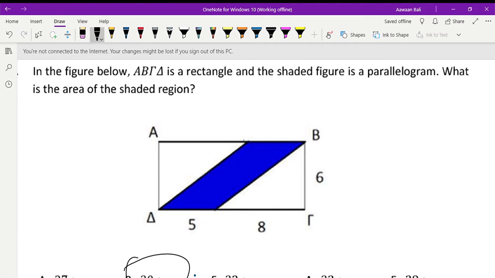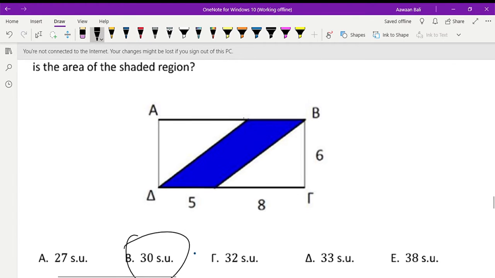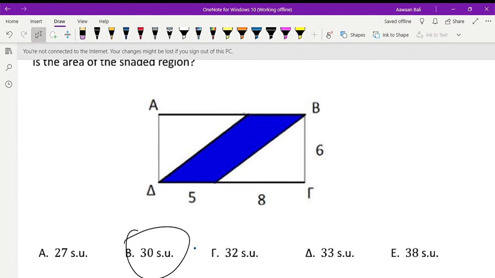Easy, right? But now for the other way, we have to find the area of this and this. Now, 8 times 6 is 48, and half of 48 is 24, so 24 square units. And here it will be the same dimensions, so 24 square units again.